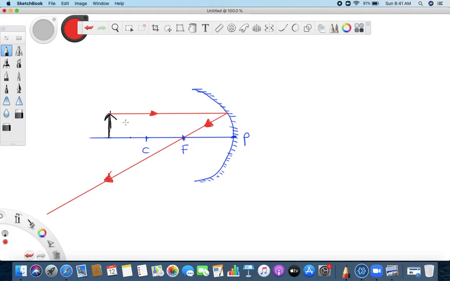Now the second, I told you, one parallel to principal axis and second from C. So let me draw from C. Let's see after reflection where they meet.